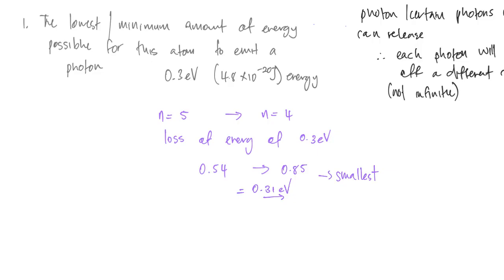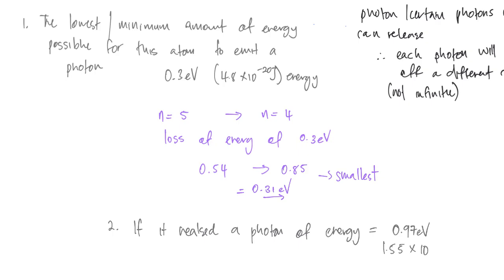Let's say, for example, number 2, let's say it released a photon of energy equal to 0.97 electron volts, which is about 1.55 times 10 to the power of negative 19 joules of energy.